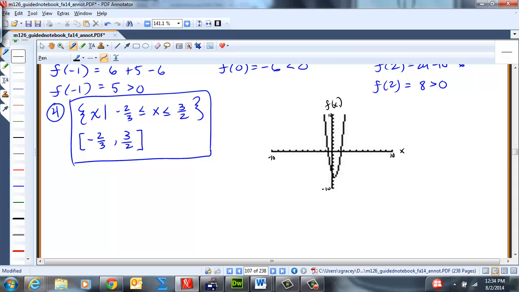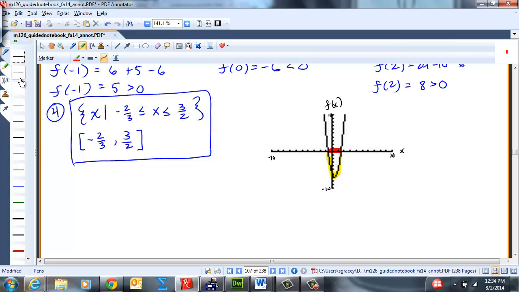And so our inequality, we were interested in negative results. So those are all the y values we were interested in. Now the corresponding interval on x is this guy here, that interval.